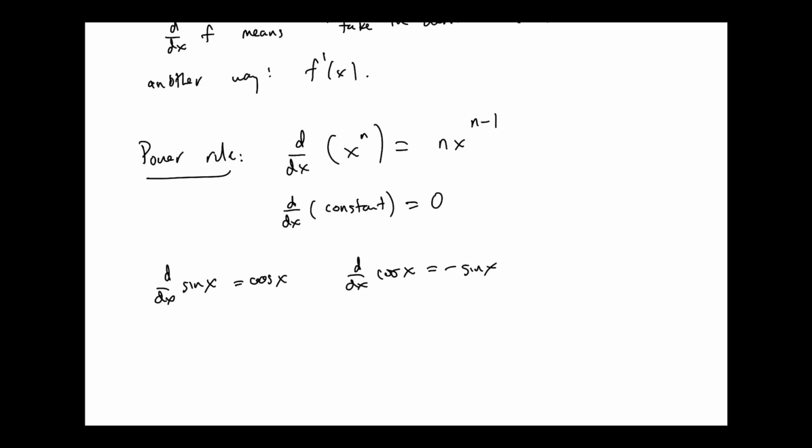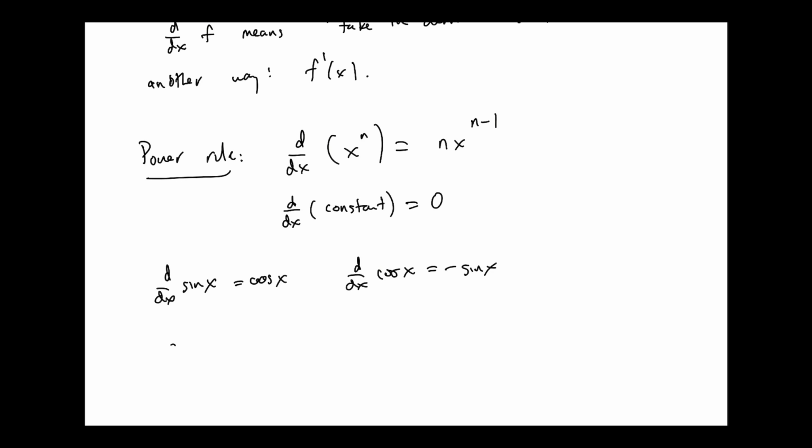You've got to be careful with the minus. As for why this is true, you can prove it with the limit definition. Do you remember in trig in high school, there were all kinds of arcane trig identities, right? If you use the right trig identity, then you can prove those.